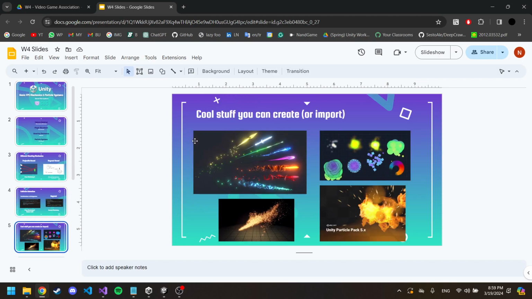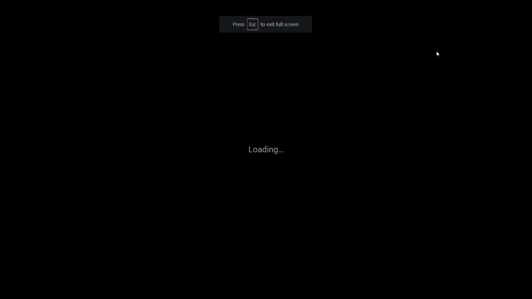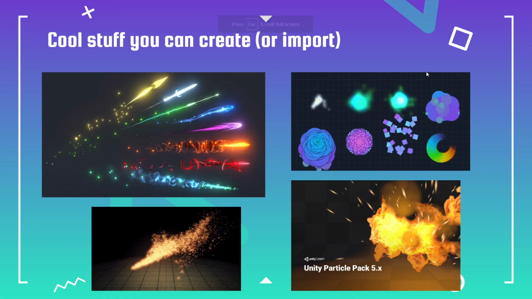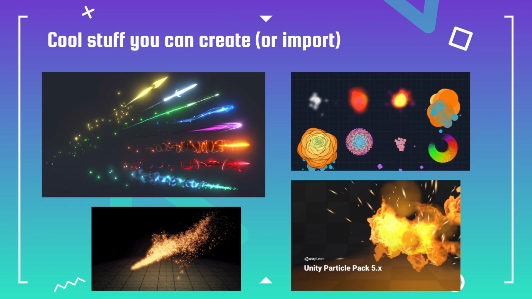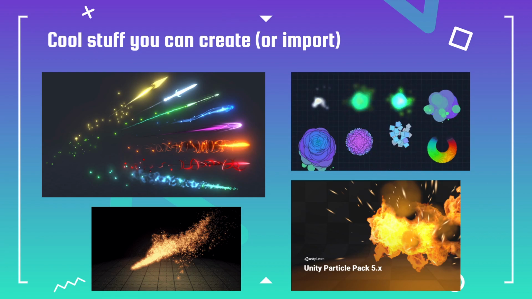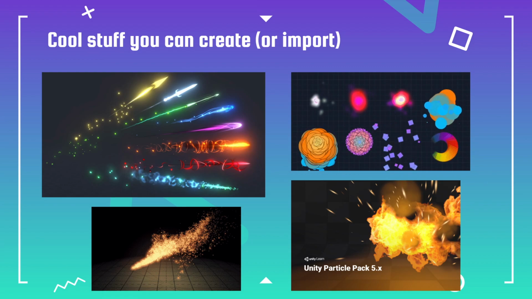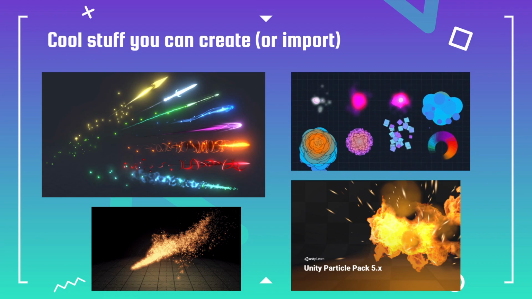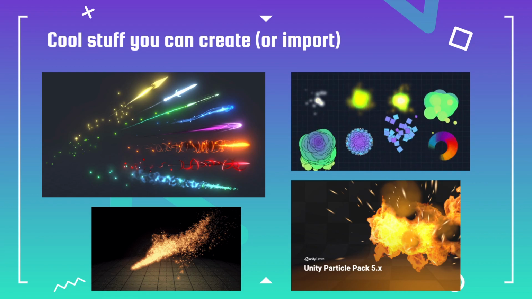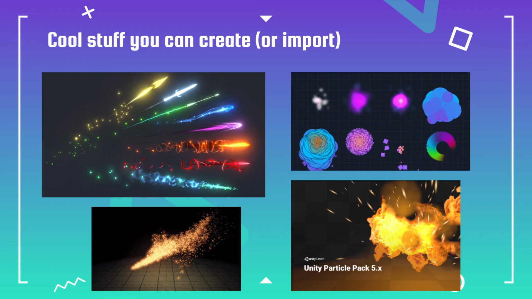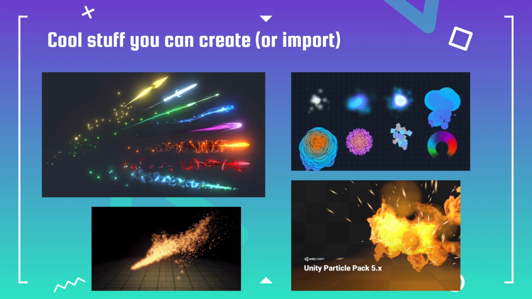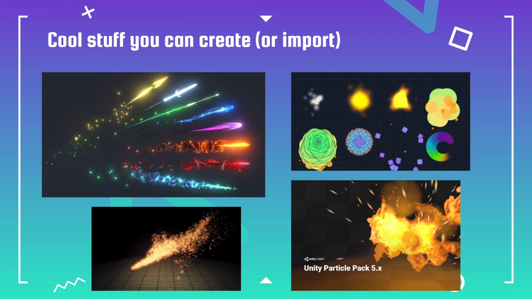All of the things you see here are actually done with Unity particle systems. If you want, you can create your own with those, or you can import particle effects packages from the Unity Marketplace, and take them and add them to your game.